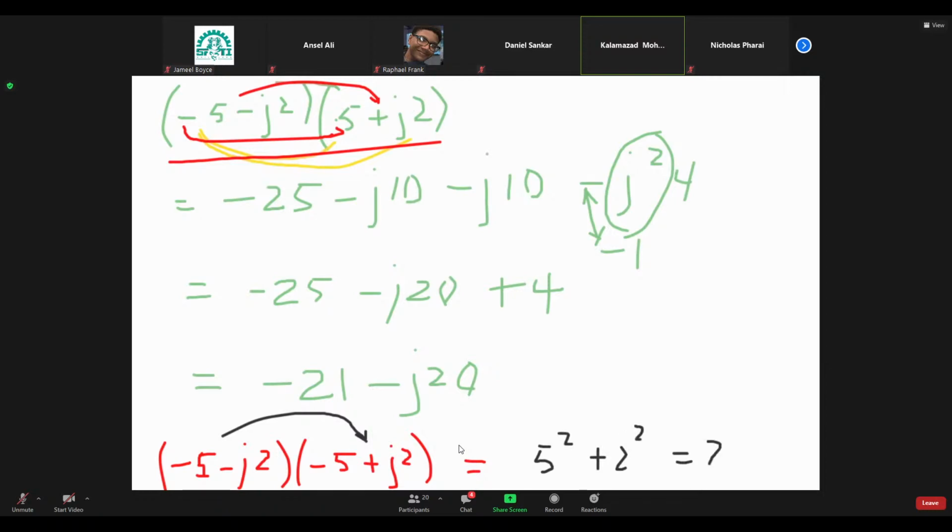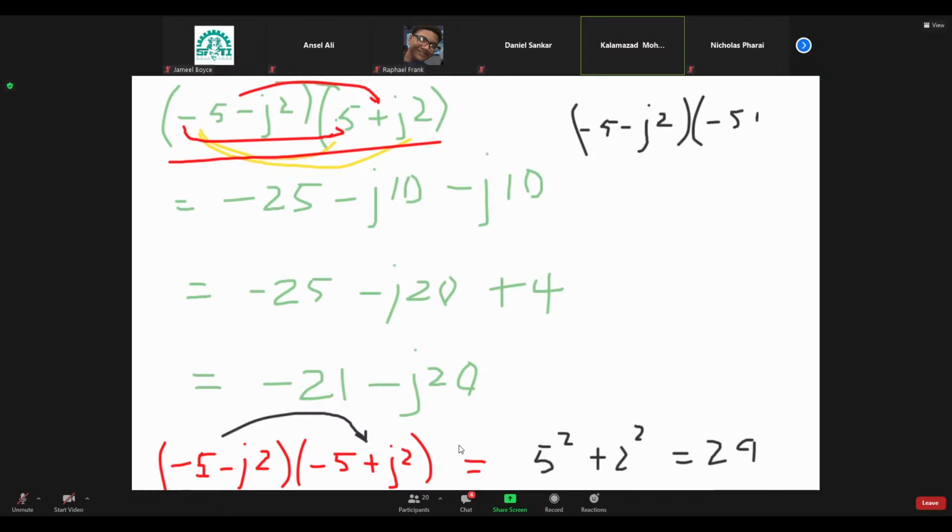All right, let's see if it works. So I'm going to take off this here. And we're going to write minus 5 minus j2 times minus 5 plus j2. That's the conjugate.